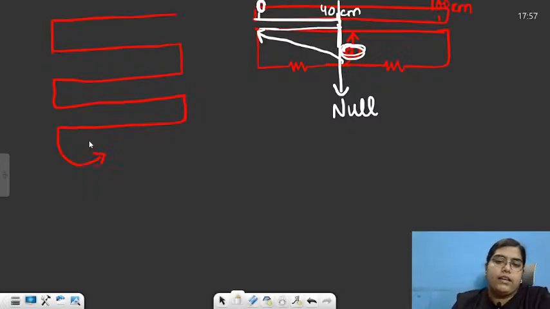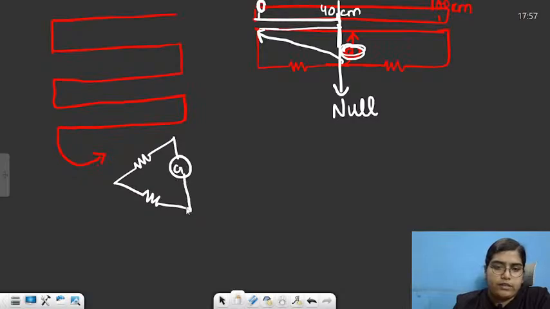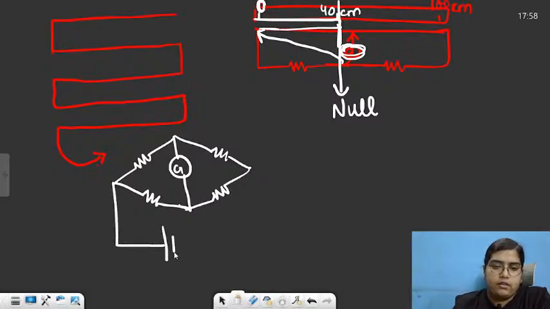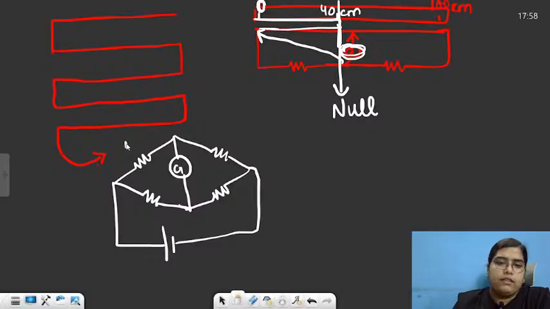You must have studied something called a Wheatstone Bridge. A Wheatstone Bridge is basically a setup wherein a galvanometer is connected in between. You have four resistors connected like this, right? And this is the battery. This is R1, this is R2, let us suppose this is R3, this is R4.